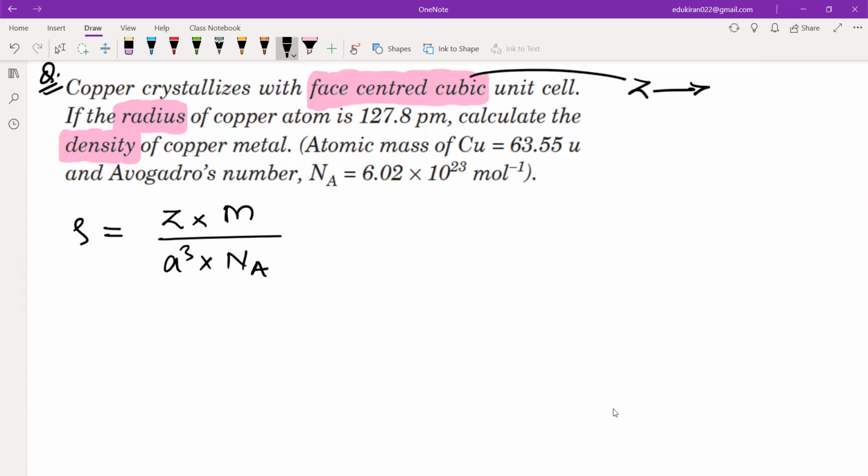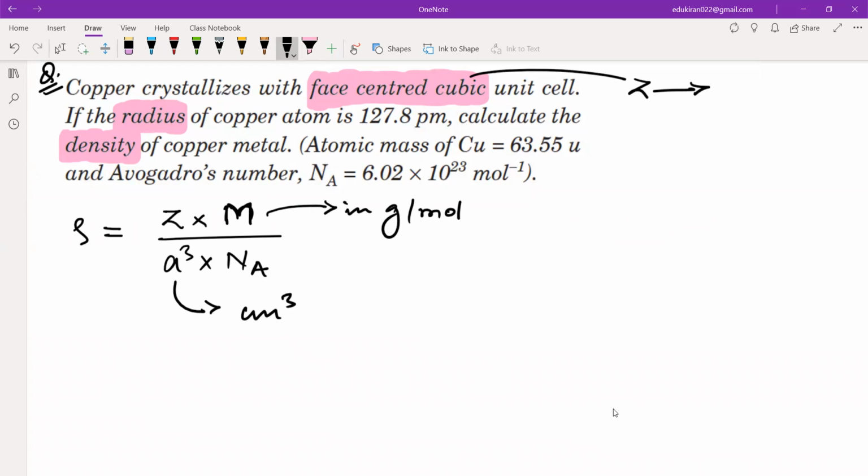Molar mass will always be, please remember this, in grams per mole. This a cube will be in centimeter cube. So whatever information has been given, see, this is in picometers, so you will have to convert this into centimeters, etc.